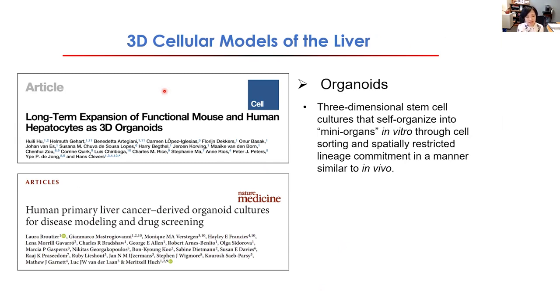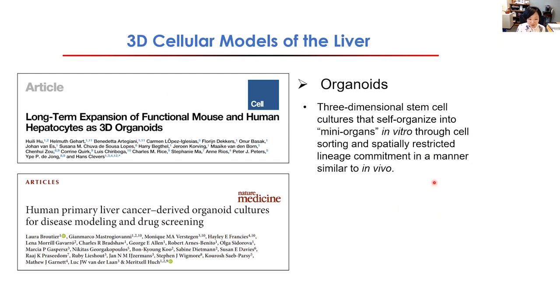There is a type of 3D model called organoids. Many of you may have heard of them already. They have been widely used to study normal and malignant development in many different organs. They are 3-dimensional stem cell cultures that self-organize into many organs, which is where their name came from, organoids, through cell sorting and especially restricted lineage commitment, in a manner similar to in vivo.